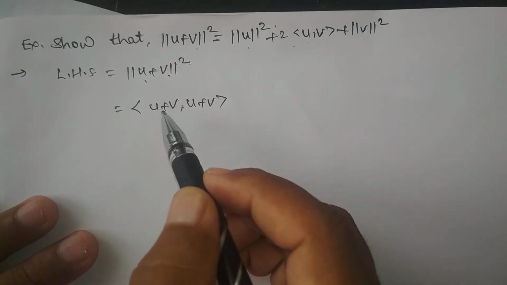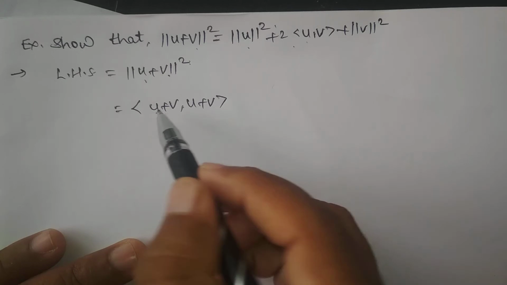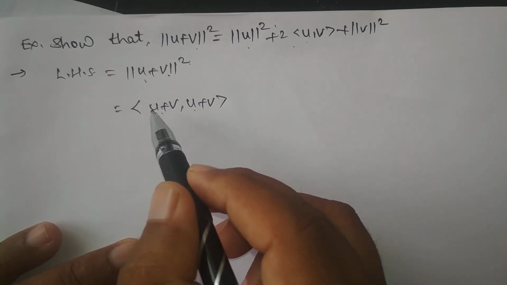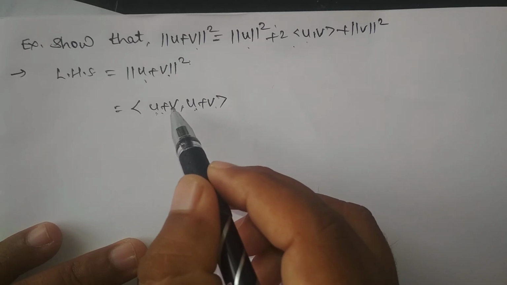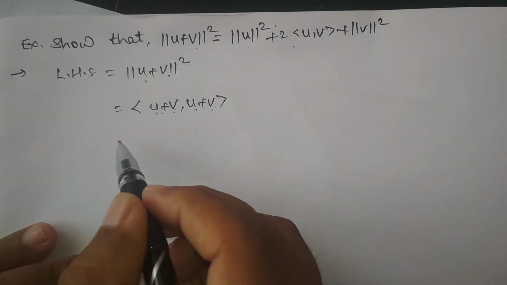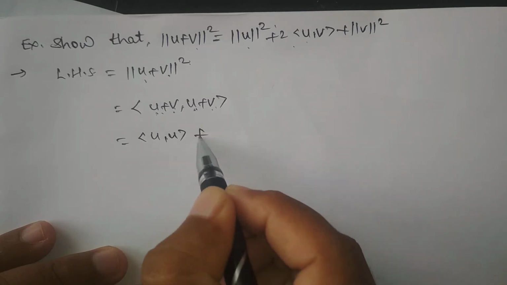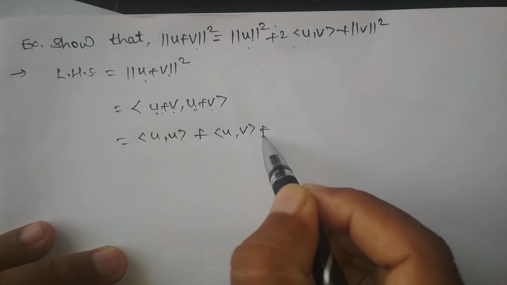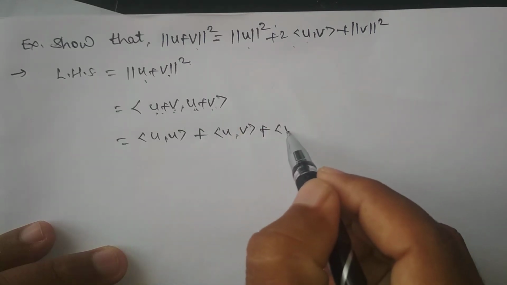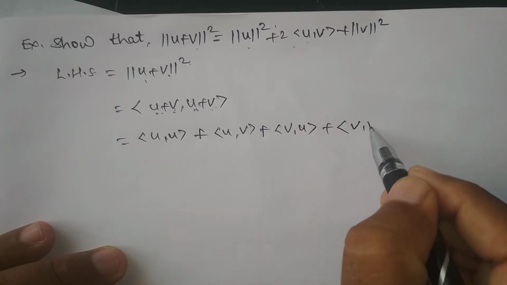Now by using the linearity property, you can separate and take the inner product of u with u, u with v, v with u, and v with v. So you will get inner product of u comma u plus inner product of u comma v plus inner product of v comma u plus inner product of v comma v.